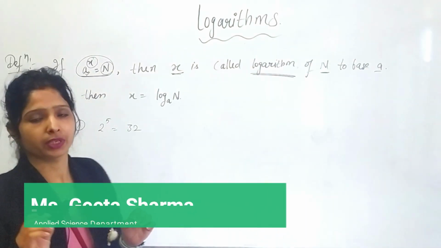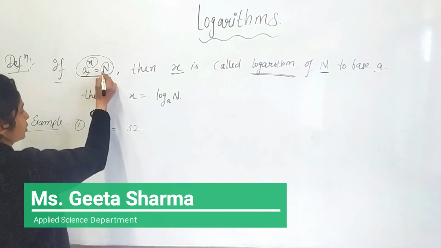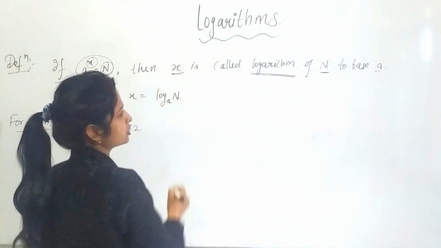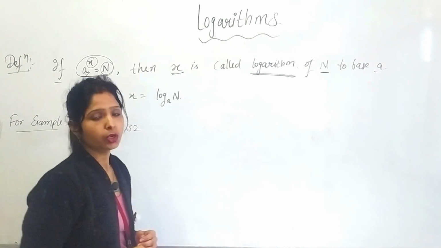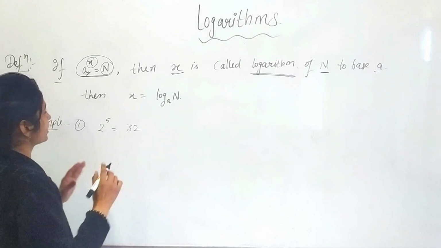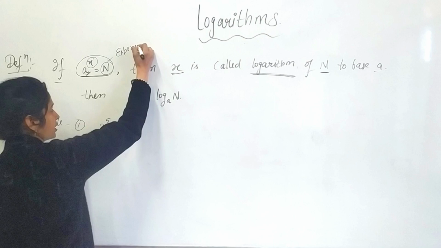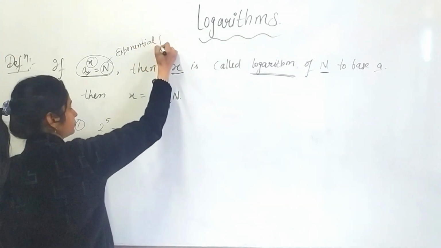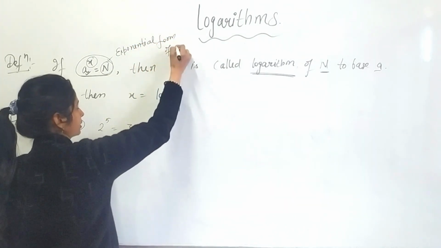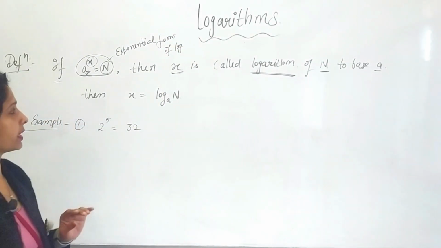The definition of logarithm is: if a raised to the power x is equal to n, then x is called the logarithm of n to the base a. This is the exponential form of logarithm.